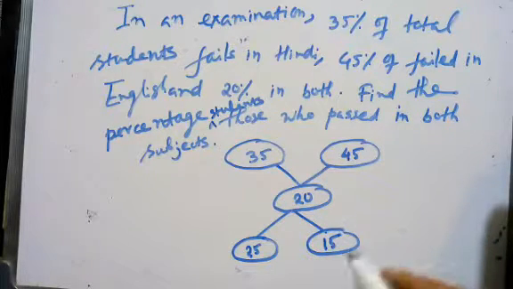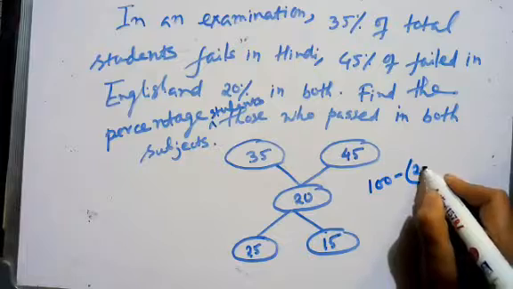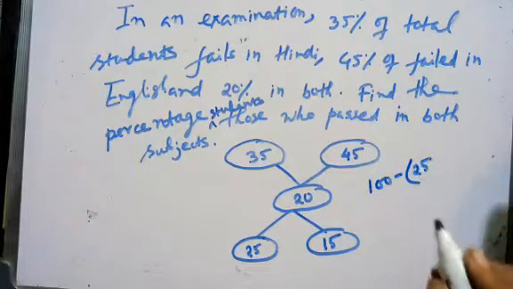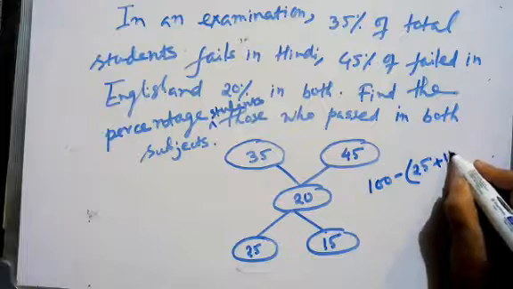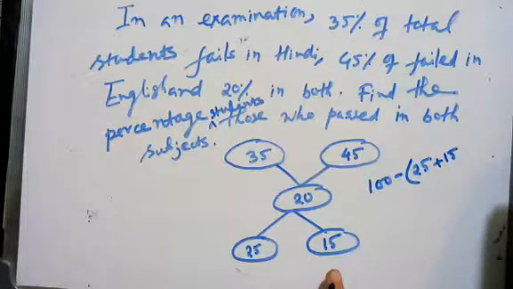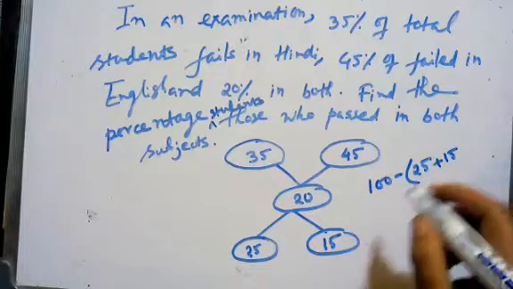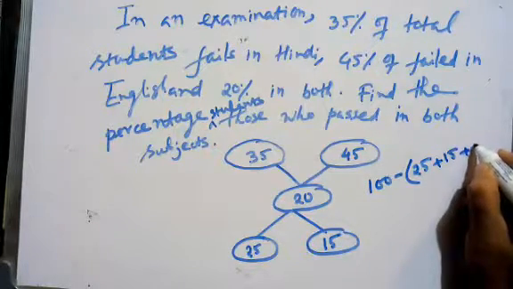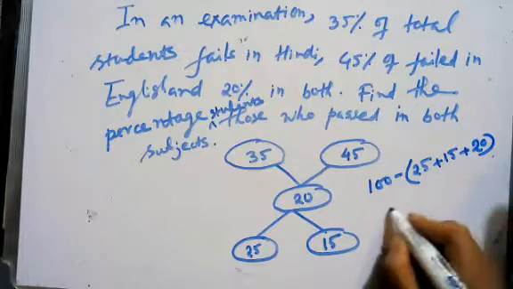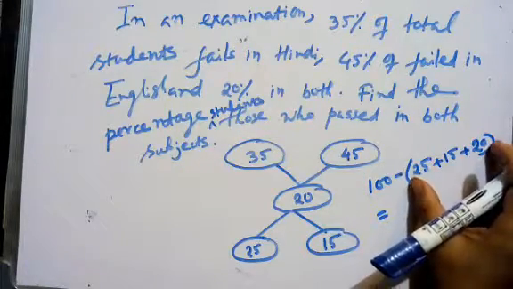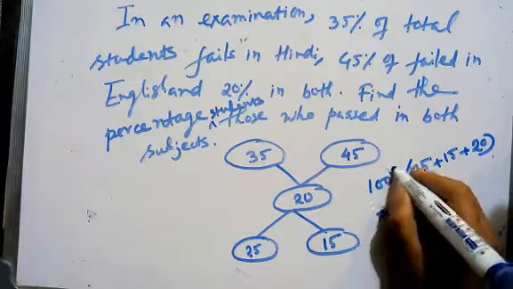We consider the total students as 100, minus 20% failed in Hindi only, 15% failed in English only, and 20% failed in both. So passed students equal total students minus the total failed percentage.